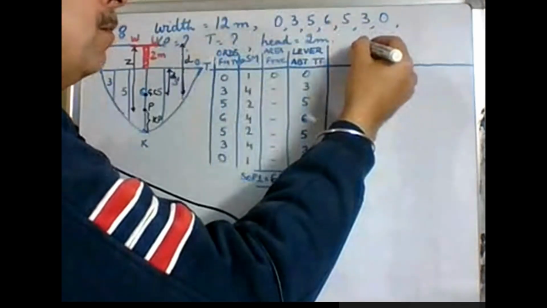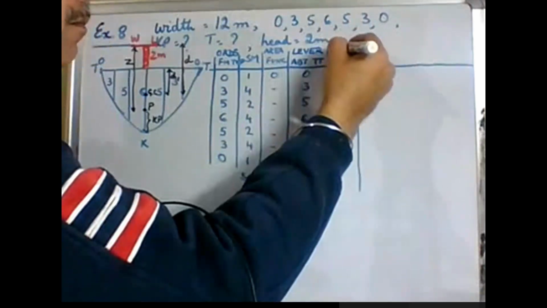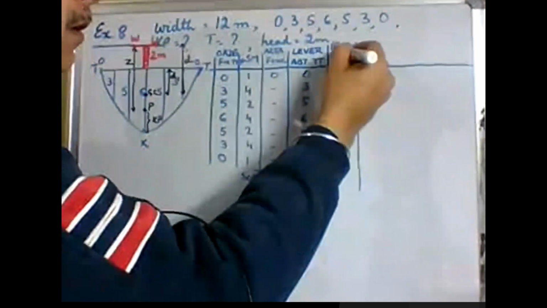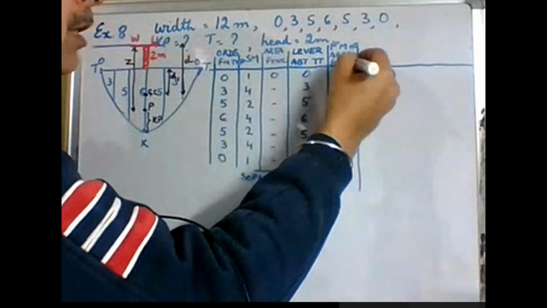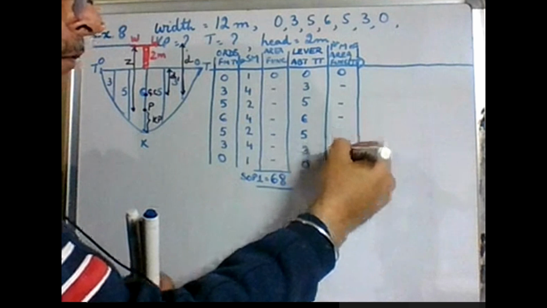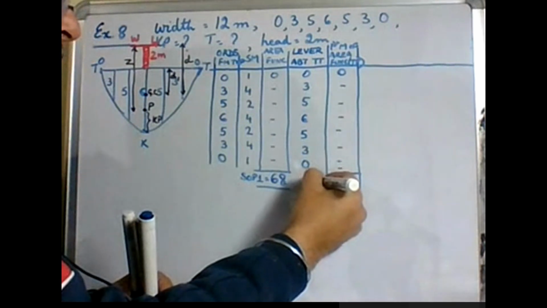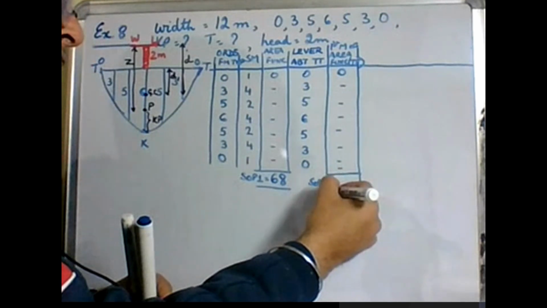So next column. First moment of area function about TT. Multiply them and tell me the value of SOP2. So 316.